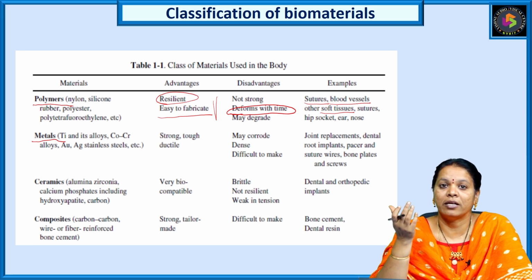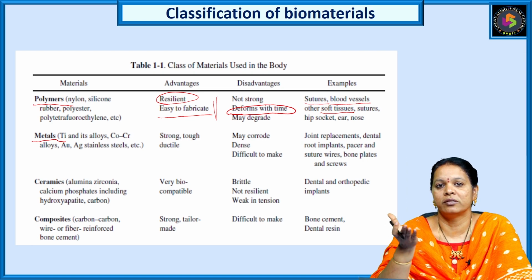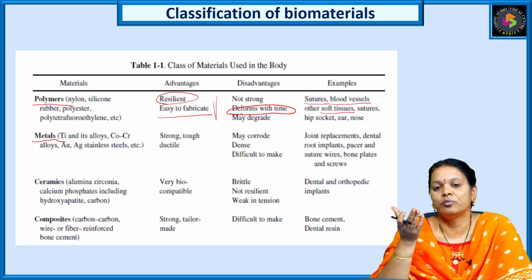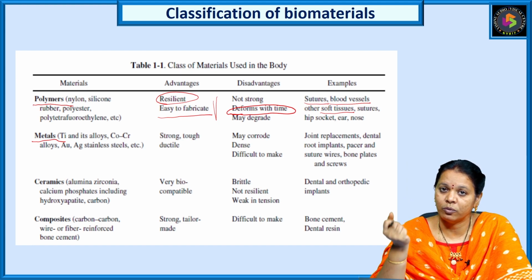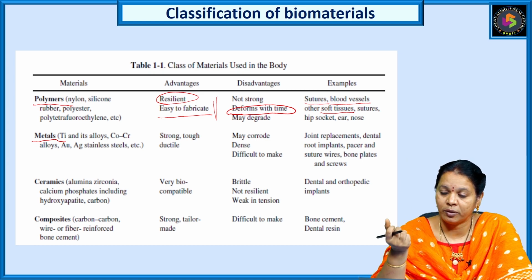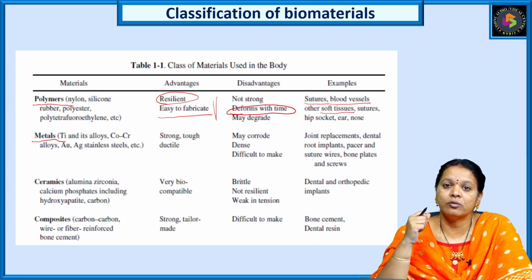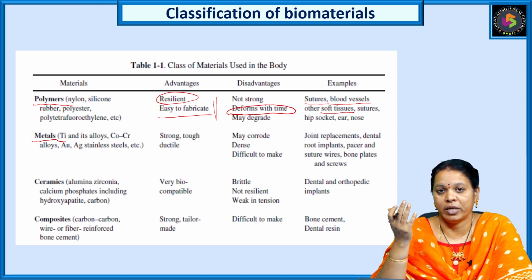So this high mechanical strength makes metals usable as orthopedic implant material, wherein the implant material should withstand the loads and forces when we move, and also maintain the posture with respect to the load bearing effect.